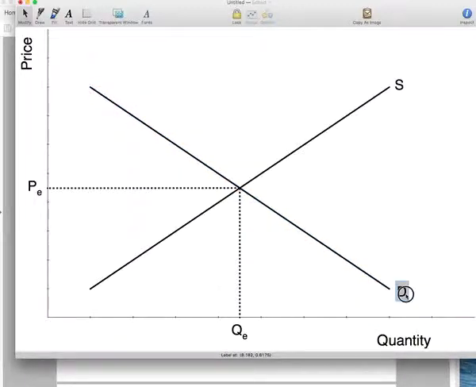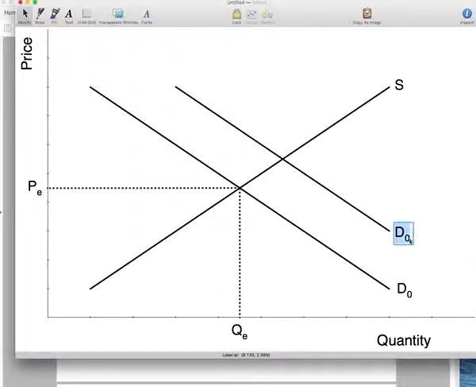So let me actually label this as D0 to denote that this is the original demand curve. And we just draw in a new demand curve that is to the right of the original demand curve. And let me change that so it's a solid line. So we have a new demand curve. I'm just going to copy and paste this.